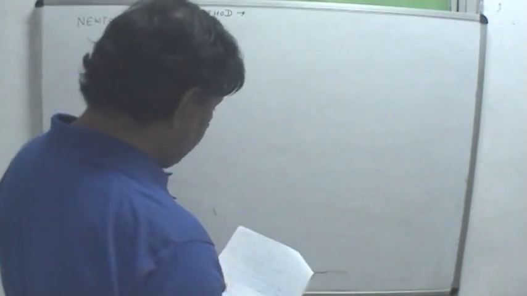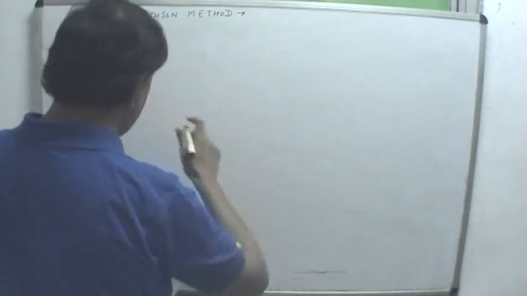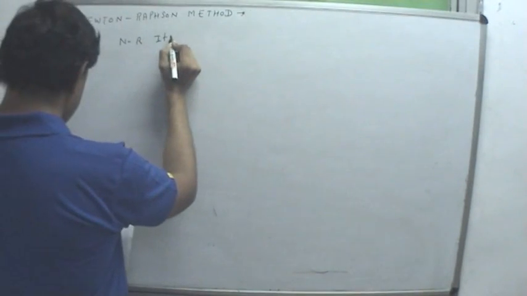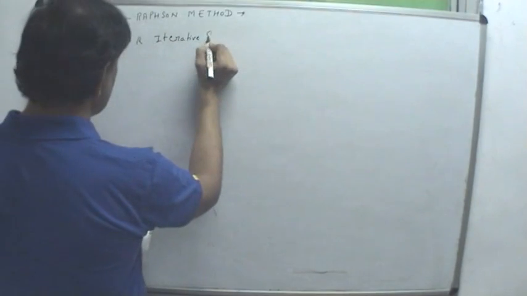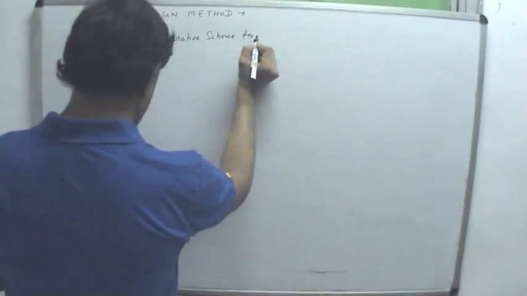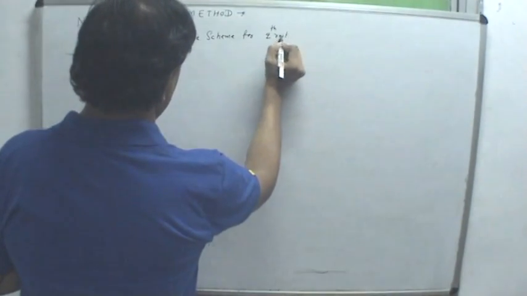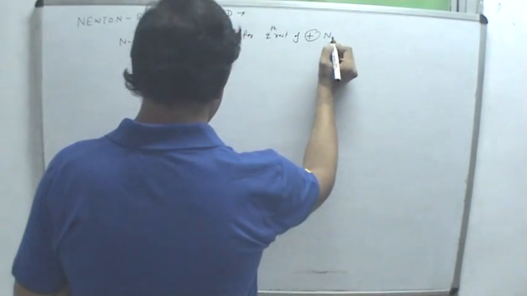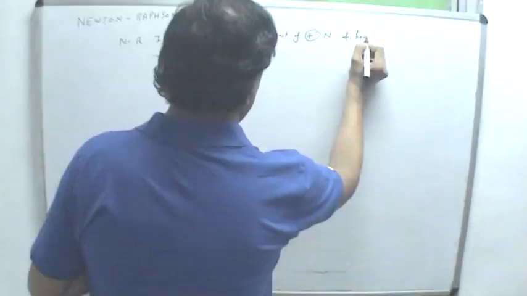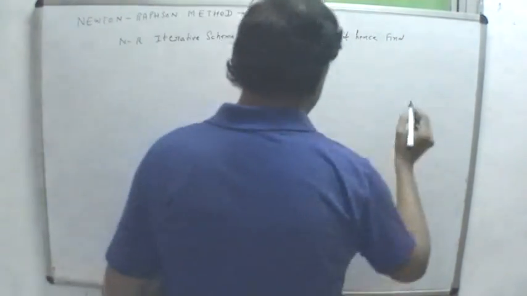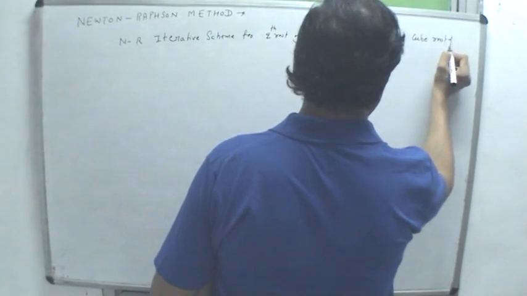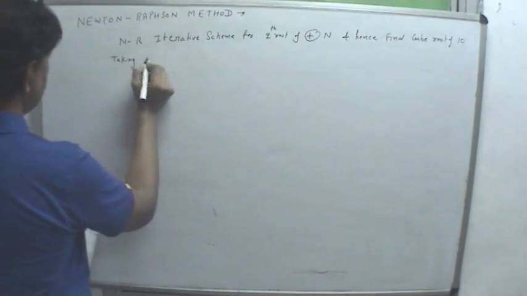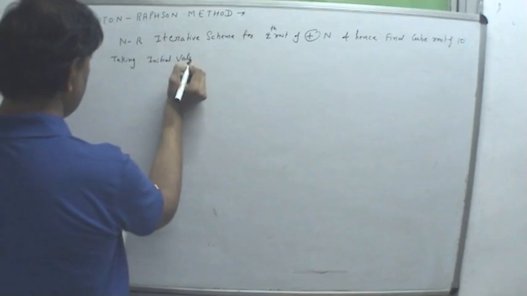Now let us consider a problem: write the Newton-Raphson iterative scheme for the kth root of a positive number n, and hence find the cube root of 10, taking initial value 2.